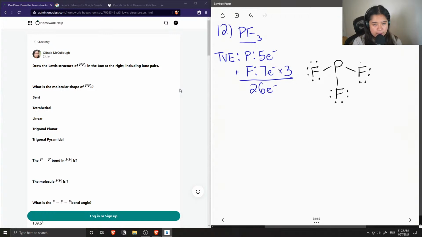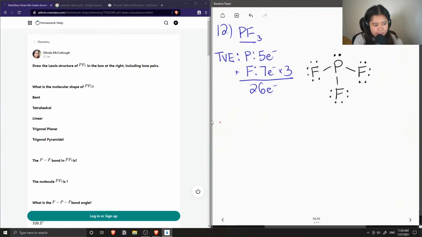If I count how many electrons I've drawn so far, there are 2 bonding electrons in each bond, and we have 3 bonds. And each fluorine atom has 6 electrons in the form of lone pairs, so I only have 24 out of the 26. So for the remaining 2 electrons, I will put them on my phosphorus atom. So now we have the Lewis structure of phosphorus trifluoride.